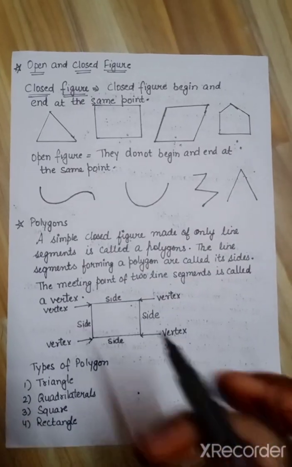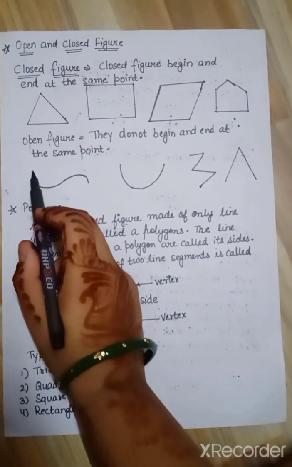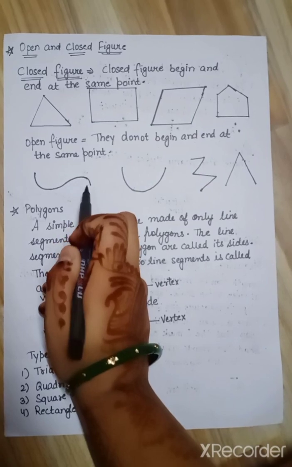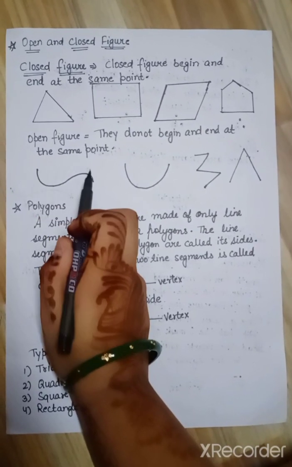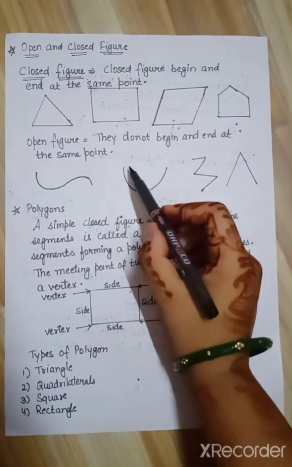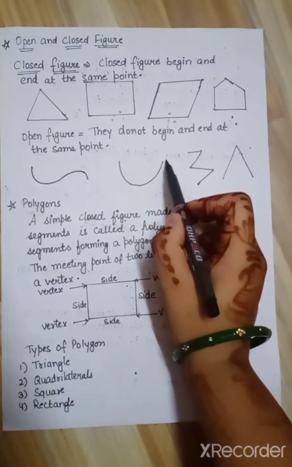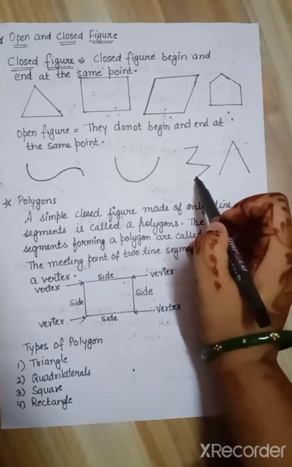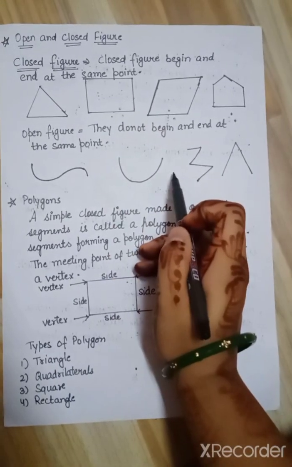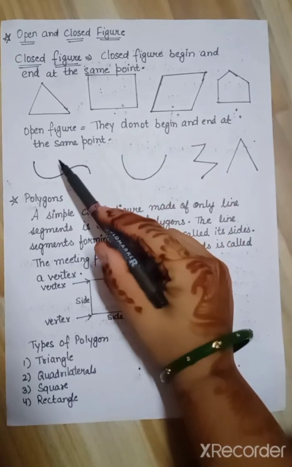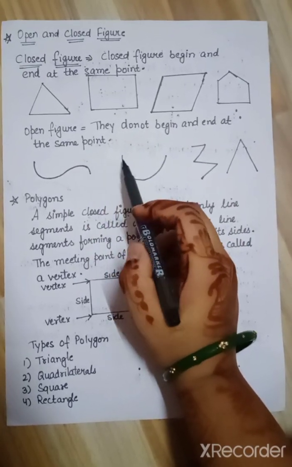The LCM is 4. So I will make equivalent fractions. 2 times 2 is 4 and 2 times 1 is 2. Now 4 times 1 is 4 and 1 times 1 is 1. Equivalent fractions I have made.